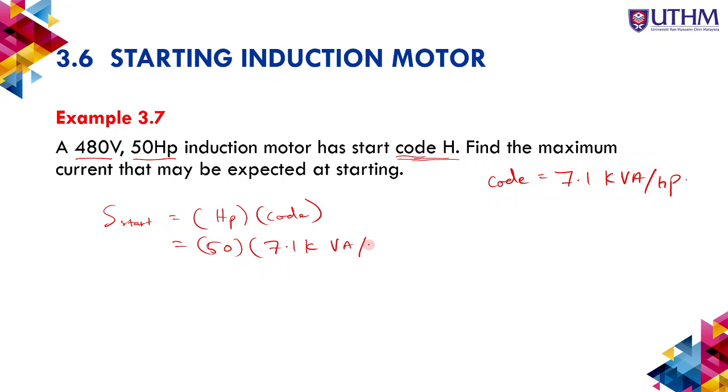So let us calculate 50 times 7.1 kilo. What we get here is 355 times 10 to the power of 3 volt ampere, or 355 kilovolt ampere.